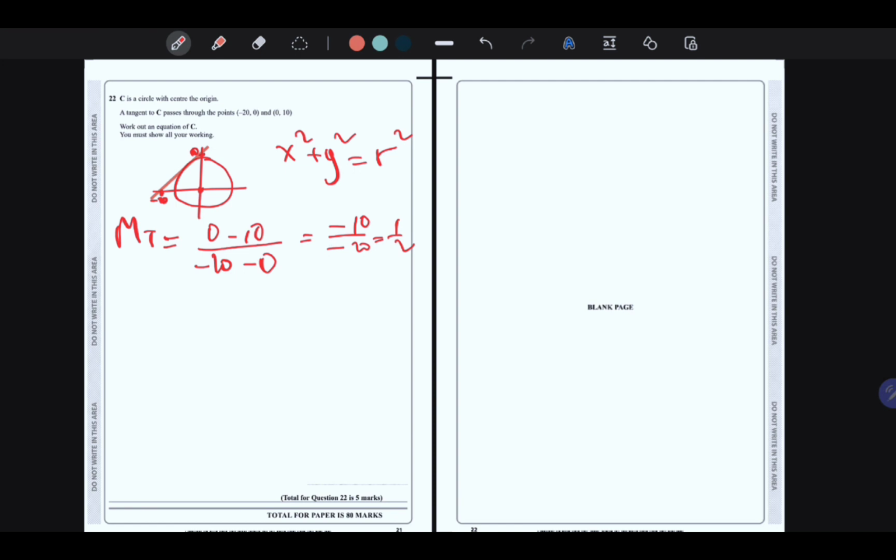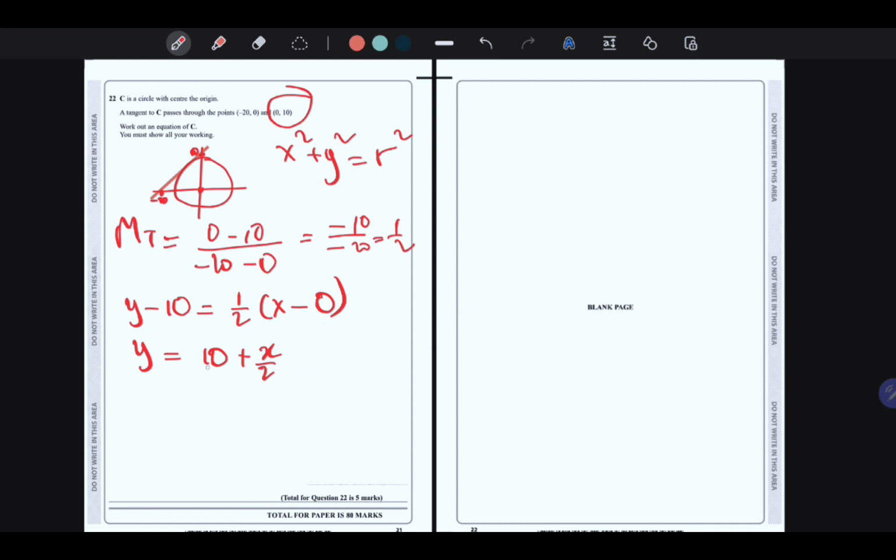So the equation of the straight line would be y minus 10 equal to the gradient, which is half, into x minus 0. So I chose this point and I used it. So I'm going to have y equal to 10 plus x over 2.